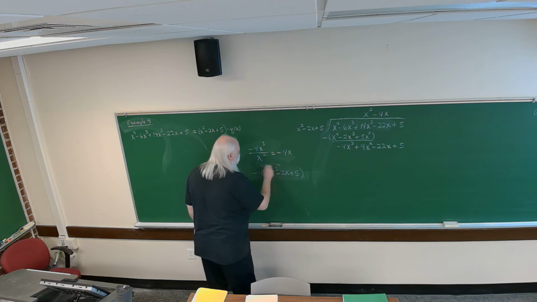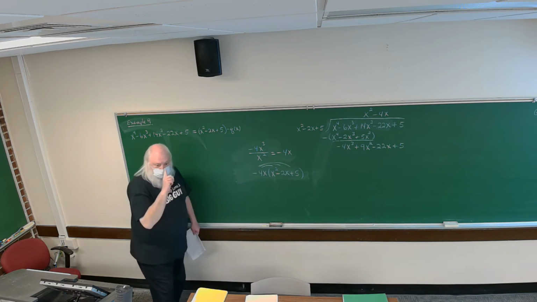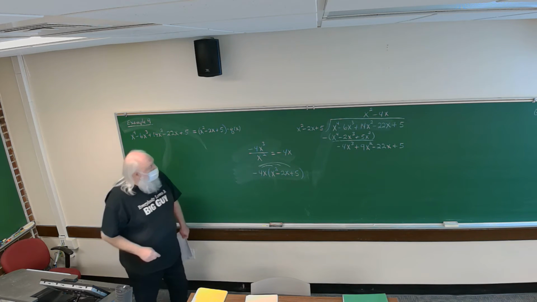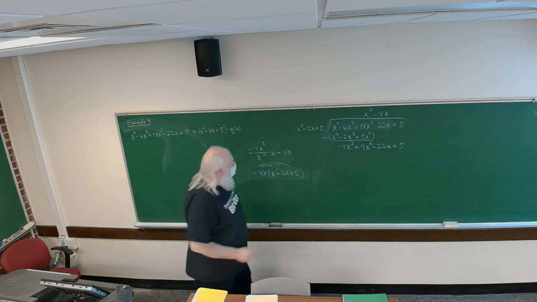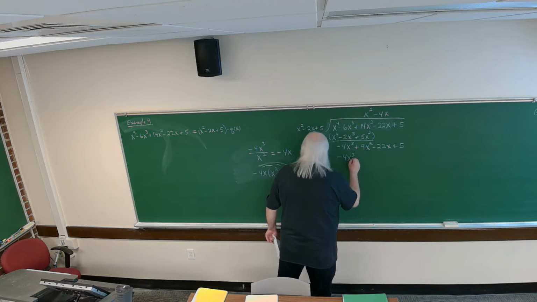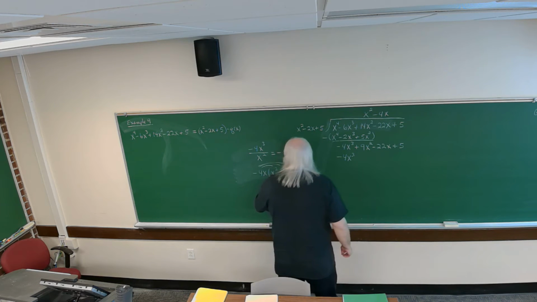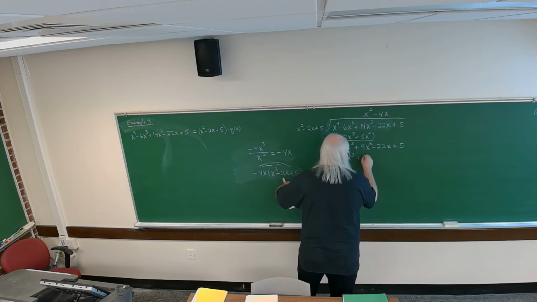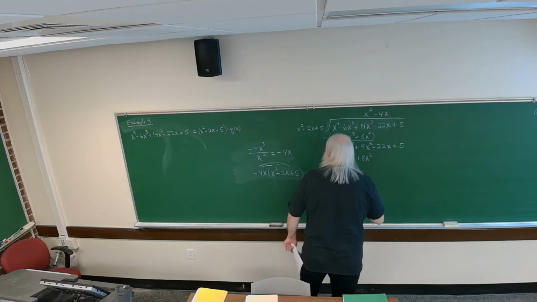Again, all you're doing is distributing the minus 4x inside parentheses. Minus 4x times x squared is minus 4x cubed. Minus 4x times minus 2x is 8x squared. And minus 4x times plus 5 is minus 20x.